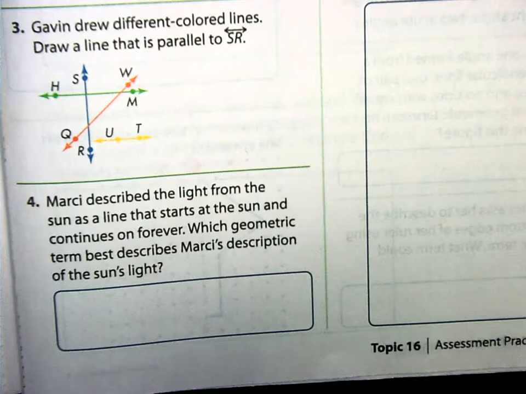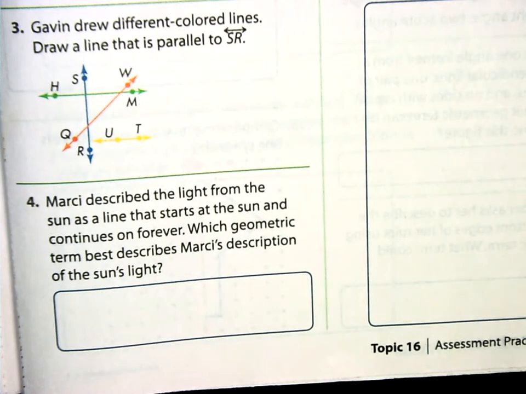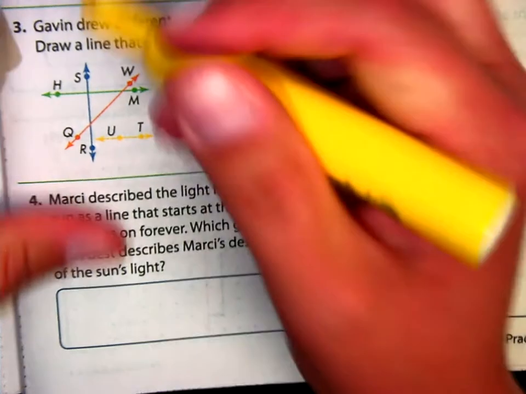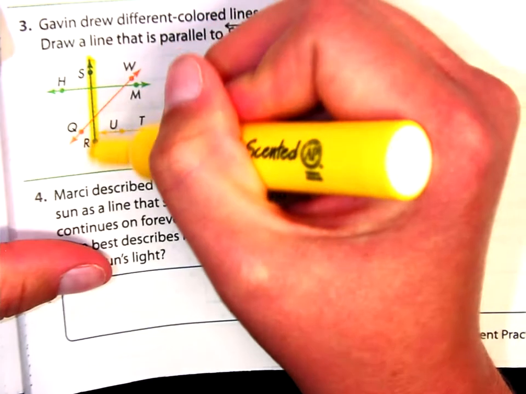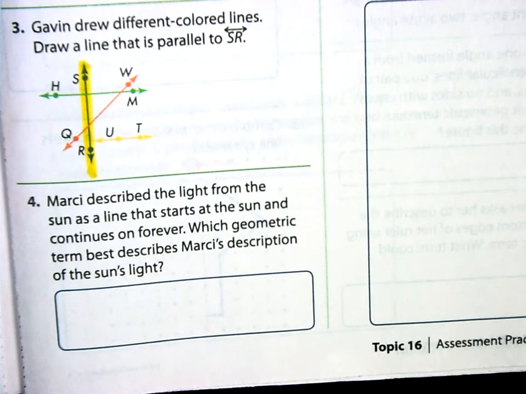Gavin drew different colored lines. Draw a line that is parallel to line SR. So I am going to grab a highlighter. You can see line SR is running right along here. Parallel means it's going to run right next to it, and they're never going to meet or cross.